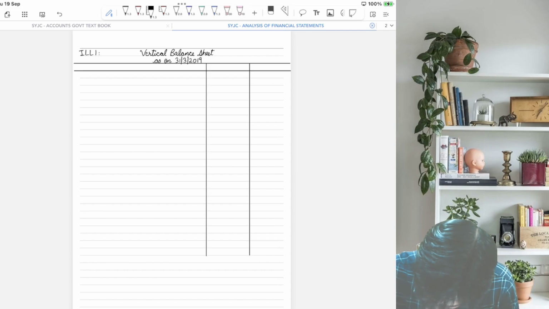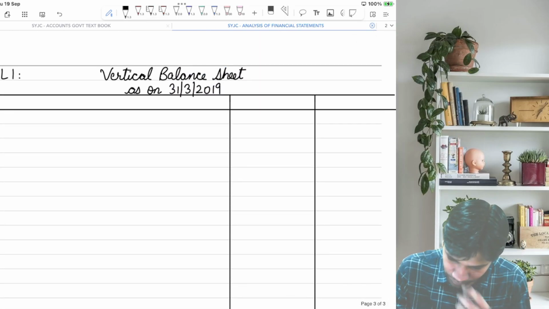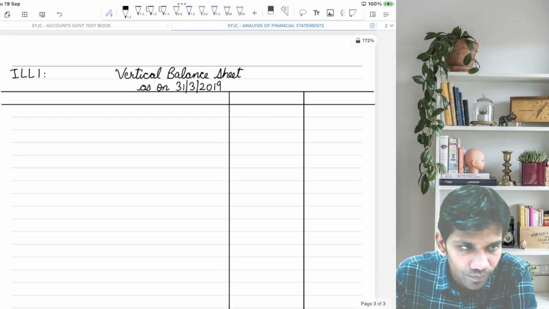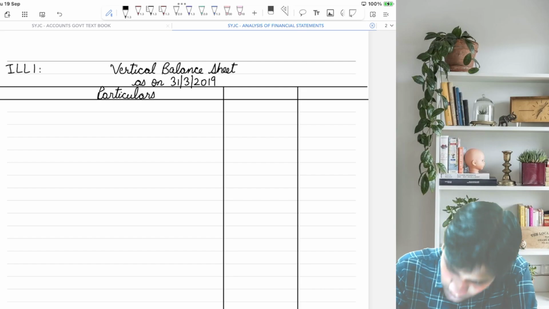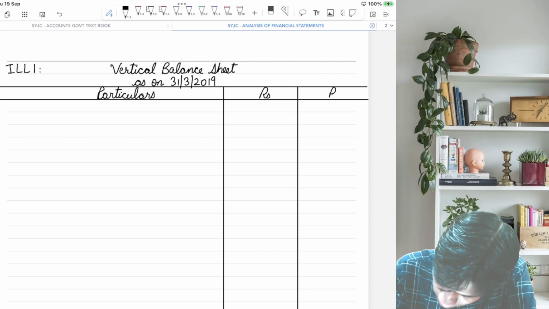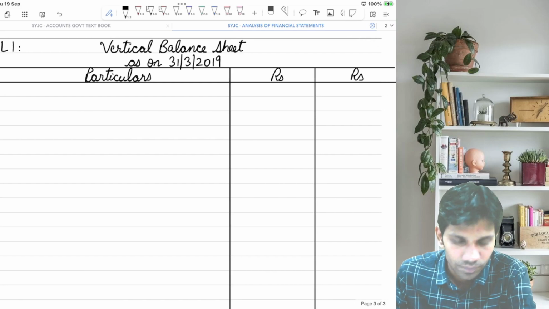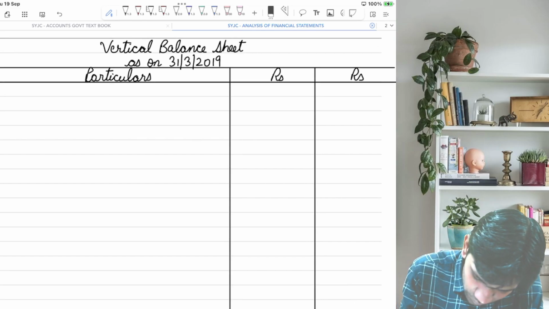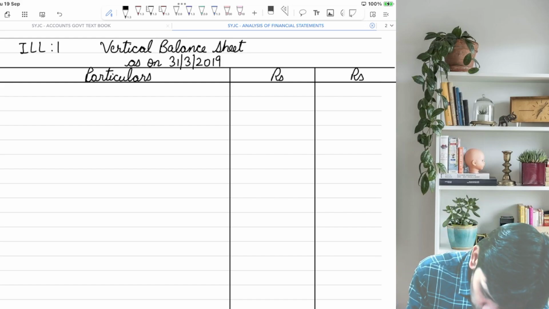Two columns we'll prepare. Done. Particulars, rupees. Particulars, rupees. Illustration 1. Okay, so Roman number 1.